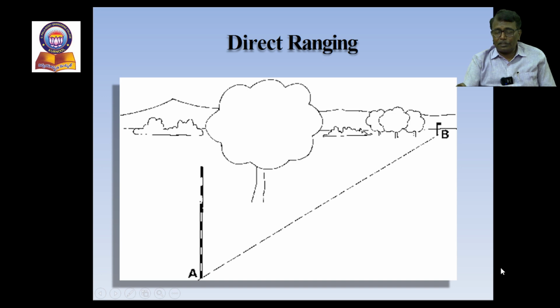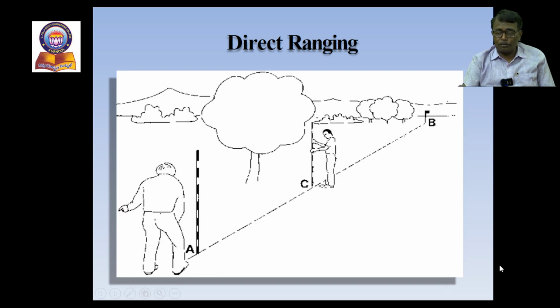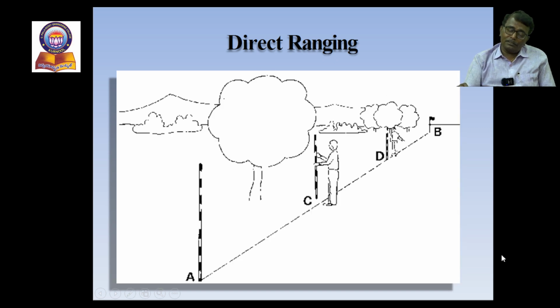Now let's see, A and B points are the end stations which are intervisible. We have to locate a point C, an intermediate point. The surveyor stands behind A and asks the assistant to move left or right, so as to locate the C point exactly in line. Now the D point is located on the line, C is also located.